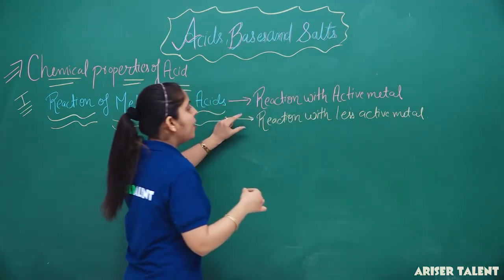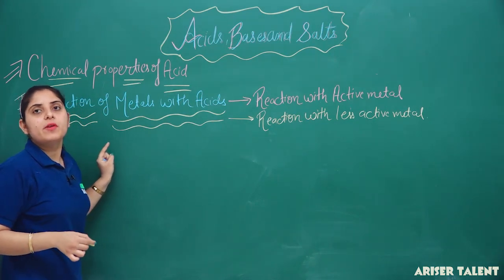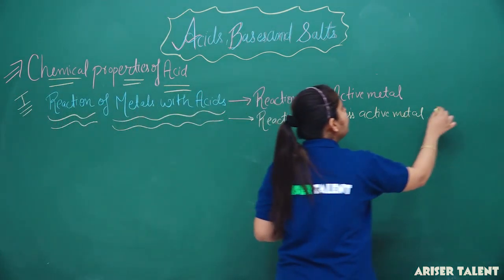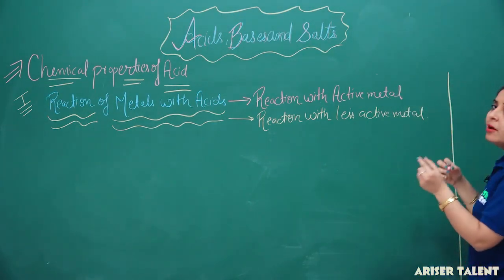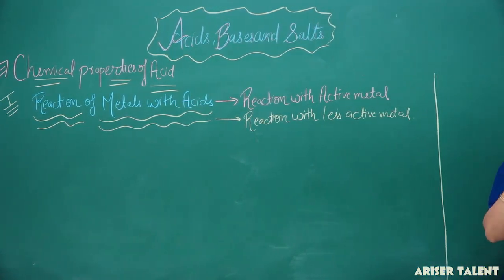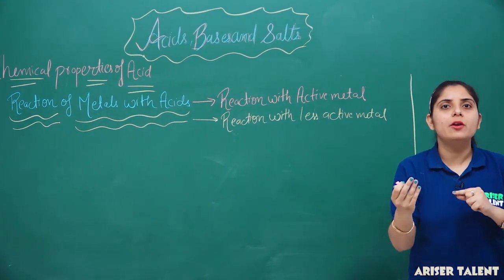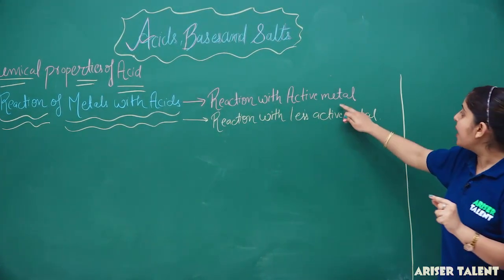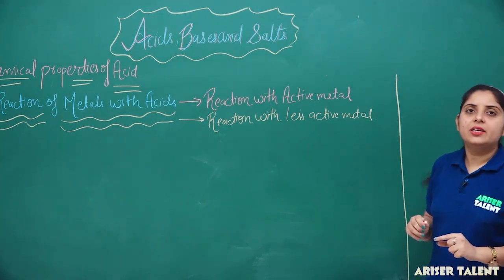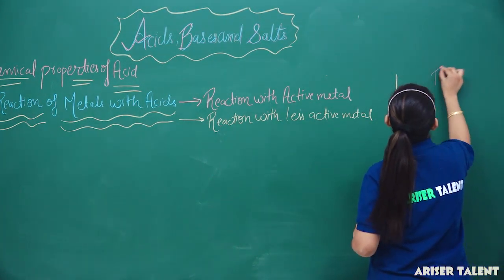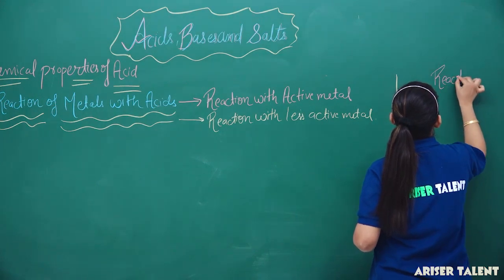So here we have the two categories in case of reaction of metal with acids, but firstly I'm going to tell you a simple thing about the reactivity series. The metals in the reactivity series above hydrogen are considered as active metals, and below hydrogen are considered as less active metals. So I am talking about the reactivity series.